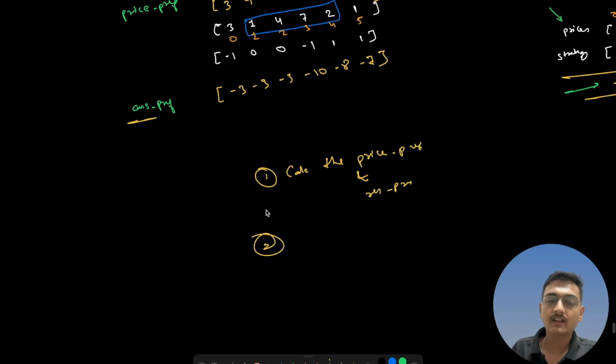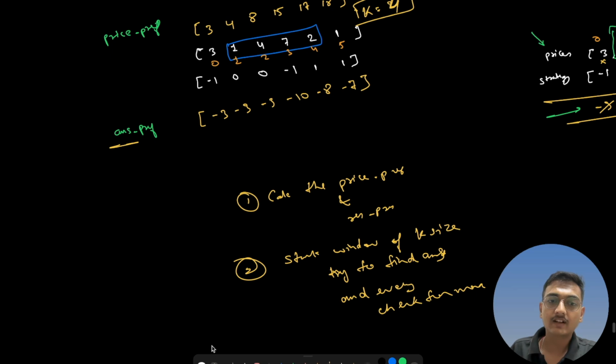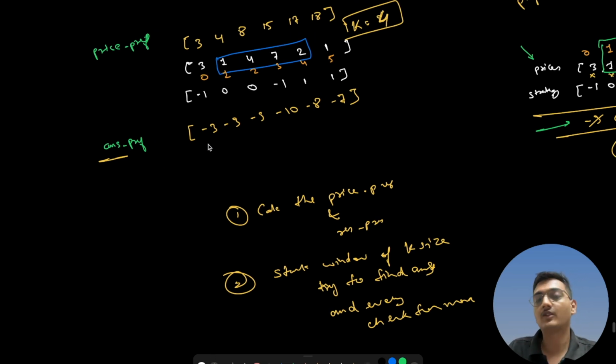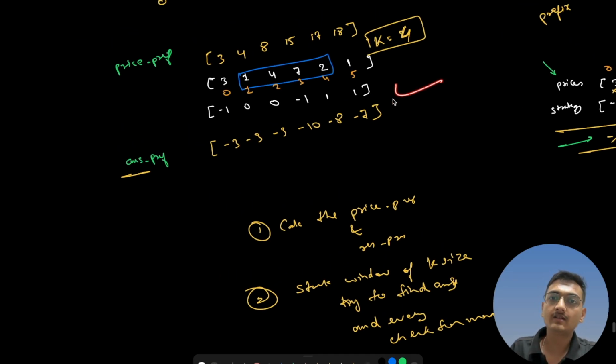Second, we start our window of k size, try to find the answer, and every time check for the maximum. This will be our approach. If you understand the intuition properly, writing the code is really easy. There is no heavy stuff, and if you understand this properly, we can definitely write the code.